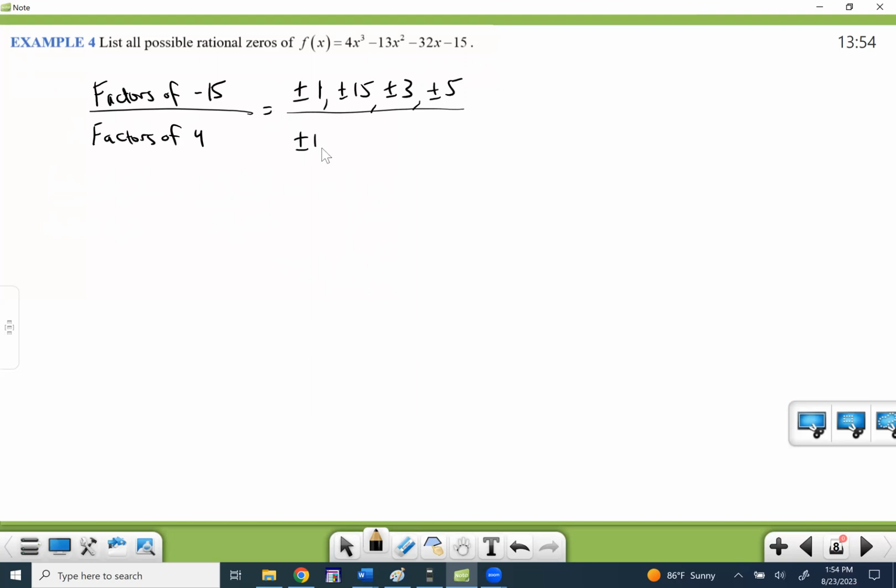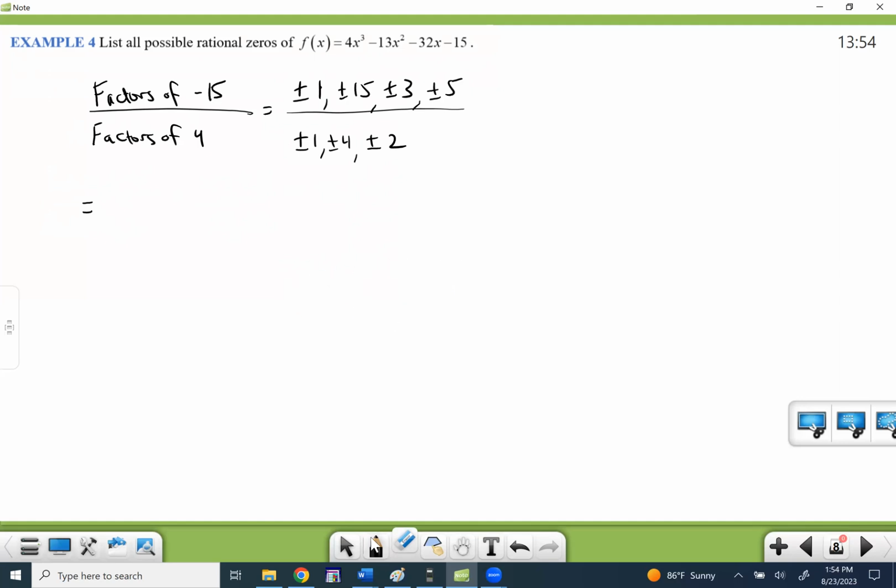For 4, it could be 1 times 4, or it could be 2 times 2, right? So now we have to stack all of these on top of 1, right? All of these have to get stacked on top of 1, which is just going to get them themselves back, right? If we have 1 stacked on top of 1, 15 stacked on top of 1, 3 on top of 1, those are all just going to get us the numbers themselves back.